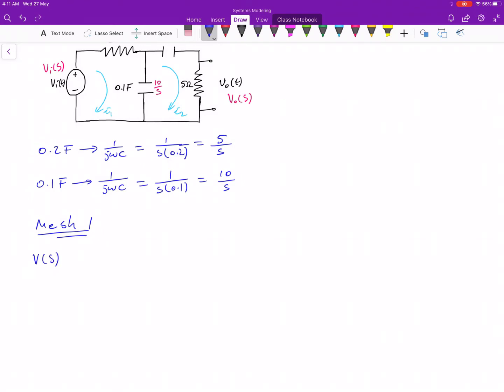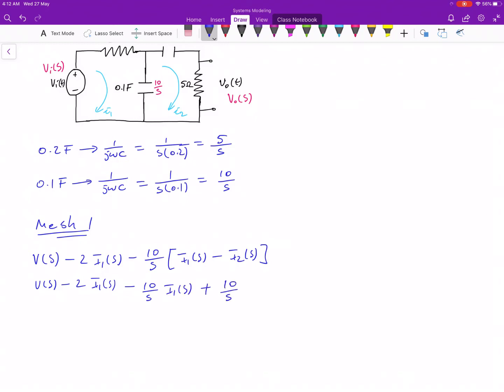So we have Vs minus 2 times I1 of s, minus 10 over s times I1 of s minus I2 of s. I can rewrite this: Vs minus 2 times I1 of s, minus 10 over s times I1 of s, plus 10 over s times I2 of s.